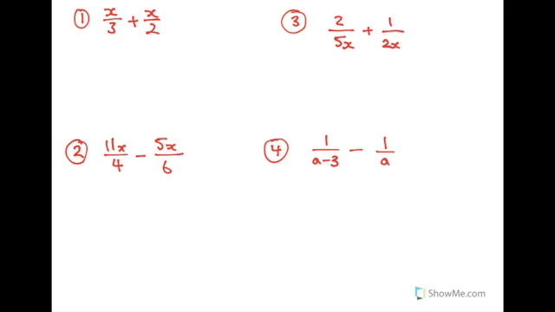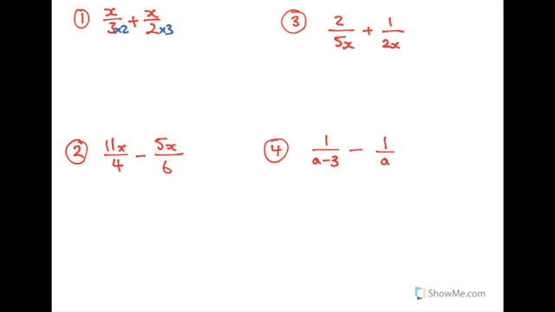It's just like any kind of fractions going back all the way to year 7 and even before: we need to make the denominator the same. The easiest way to do it is to multiply this denominator by the other one, and vice versa. So I'm going to go 3 times 2, and 2 times 3.